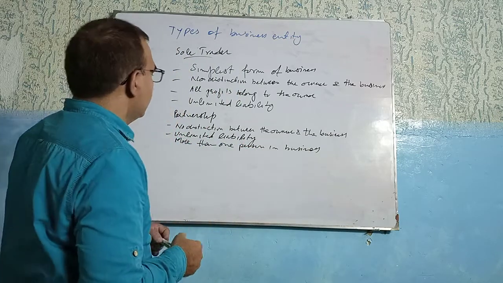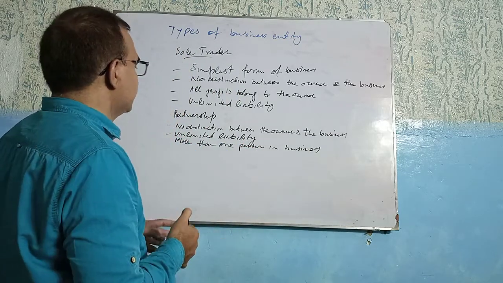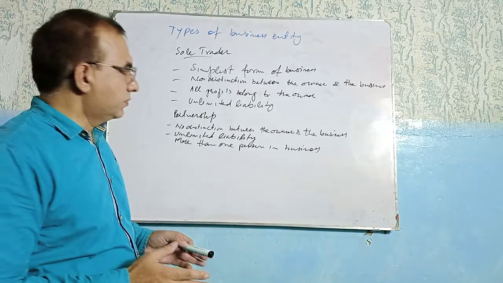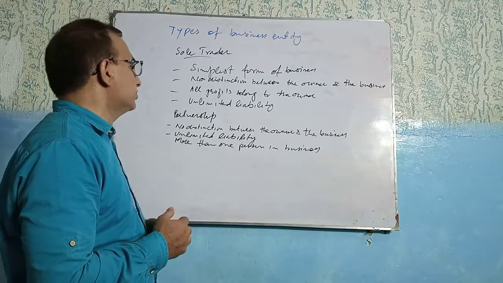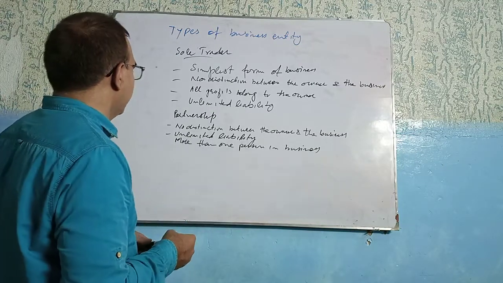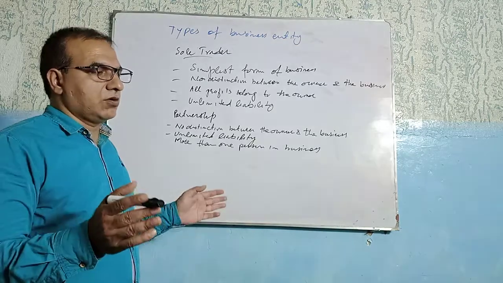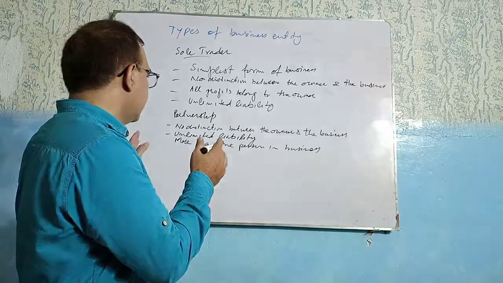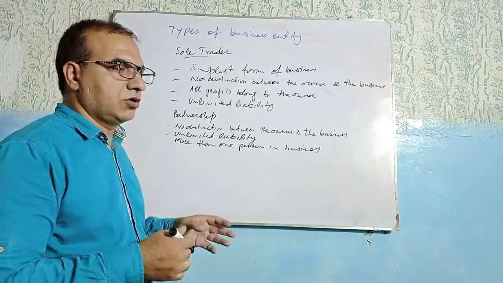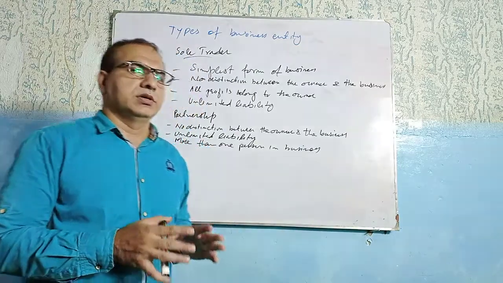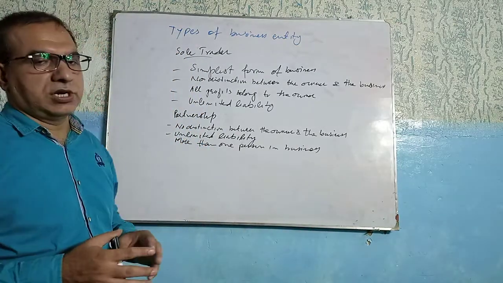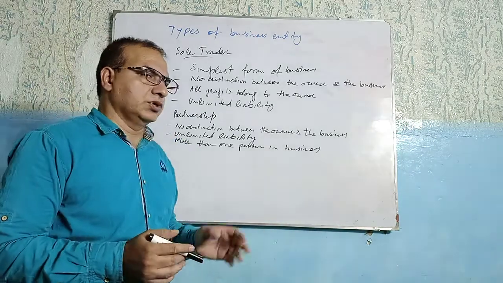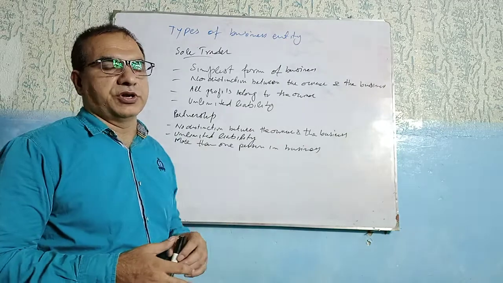Whatever they earn, they will take home, and if they have big liabilities and the business cannot cover it, they are personally liable. Jointly and severally. This is a local term, but for your knowledge: if the business is dissolved and they are trying to pay, and the business cannot cover all the liabilities to pay the lenders, they will have to pay from their personal pocket.